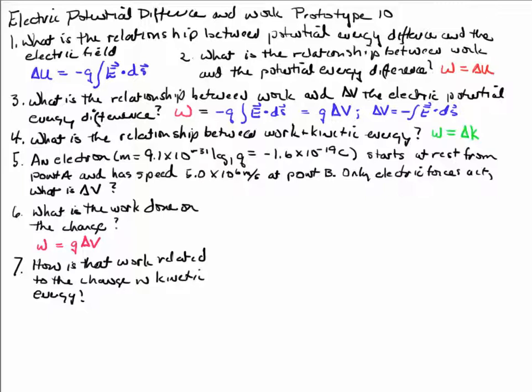How is that work related to the change in kinetic energy? Well, remember the work kinetic energy theorem from the first semester. Work is equal to the change in kinetic energy. Now we've identified what does the work, what is the result of the work.